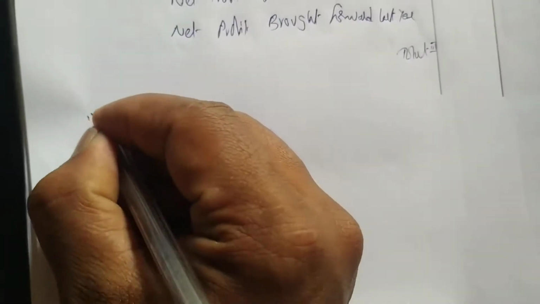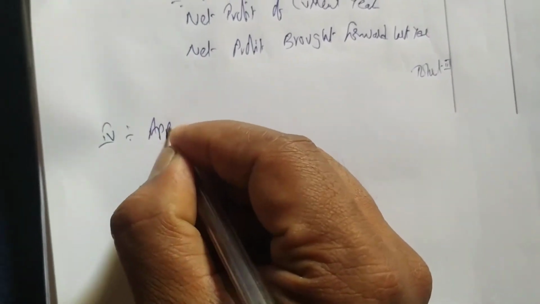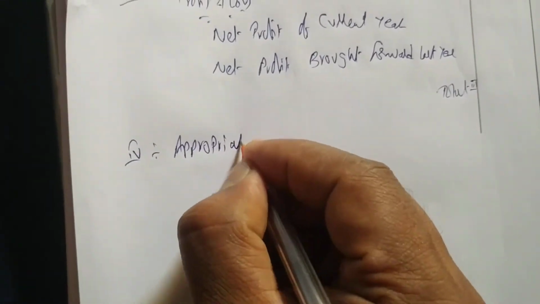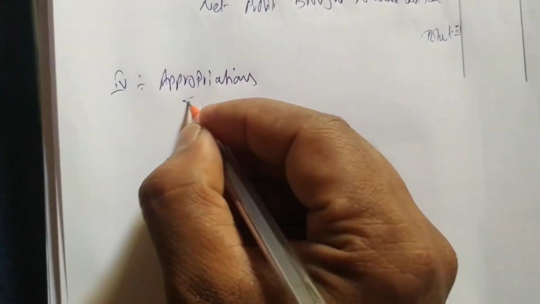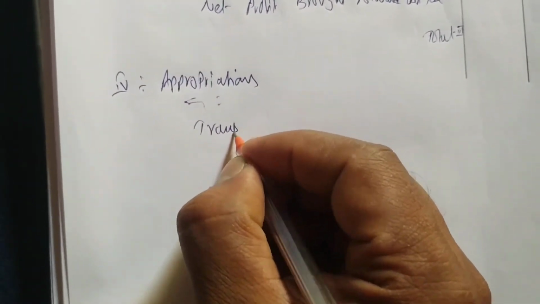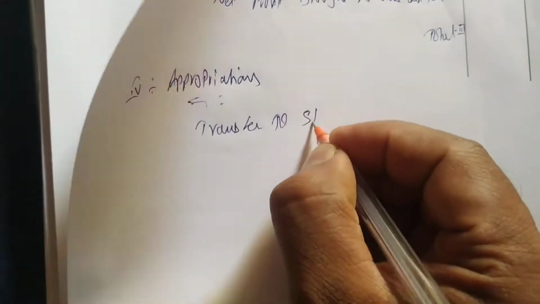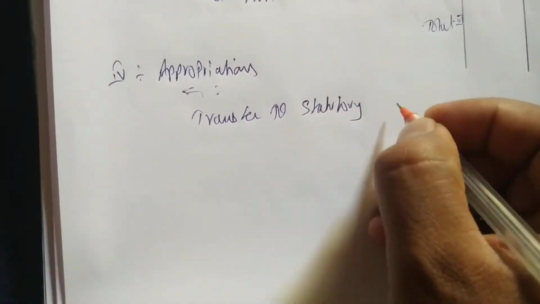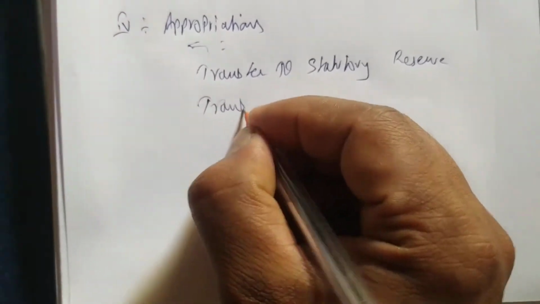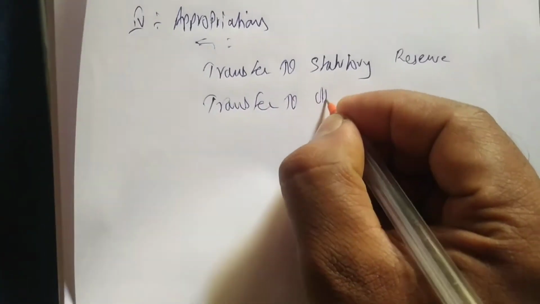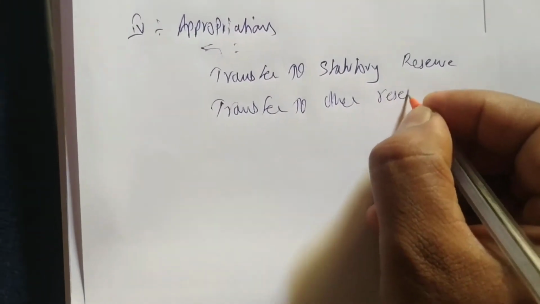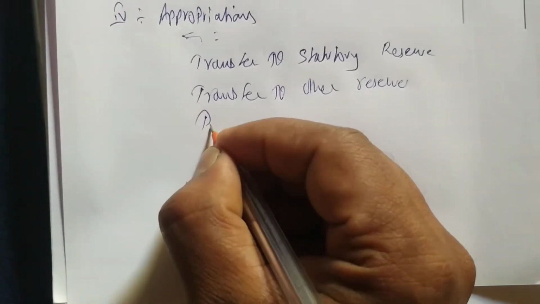Then we write Roman number 4, appropriations. Okay, in appropriations first we write transfer to statutory reserve. Then we write transfer to other reserve. Then proposed dividend.